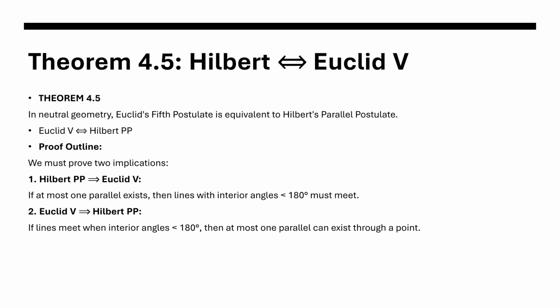For the second one, Euclid's fifth implies Hilbert's parallel postulate. Our strategy is that we suppose two lines, let's say M and N through P, are both parallel to line L. So consider the transversal through P. The interior angles with M and N are different, so at least one pair of interior angles sum to less than 180 degrees.